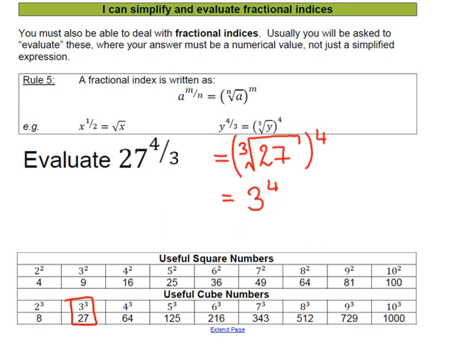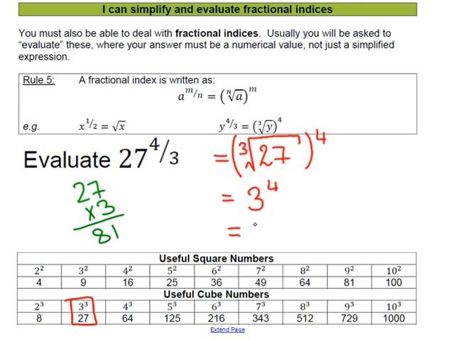You may or may not have memorised that, but if you haven't, you can simply take 27, multiply by 3, and that will give you our answer of 81. So 3 to the power of 4, our answer is going to be 81. My pen stopped working for a second, which is why the recording may have jumped a little bit.